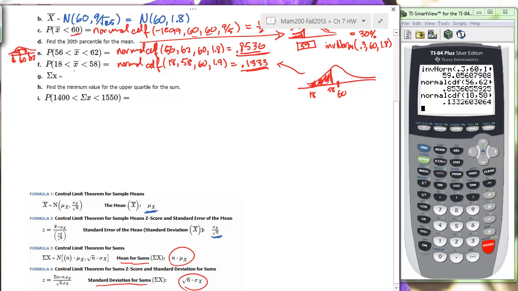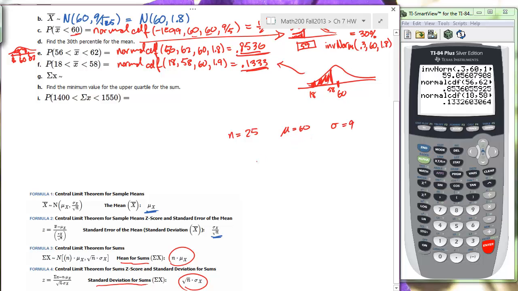So we have our n is 25, and our original mu was 60, and our original standard deviation was 9. So notice there's no sub x over here to deal with the mean.